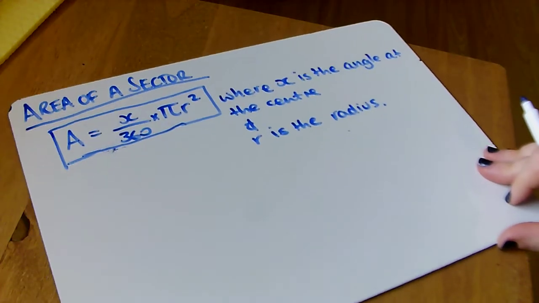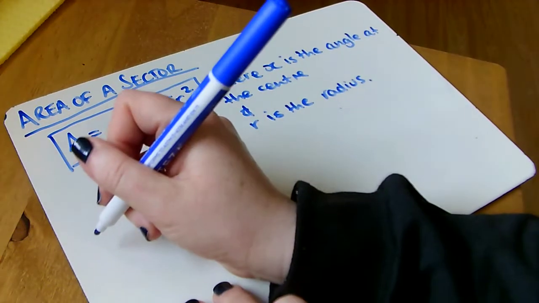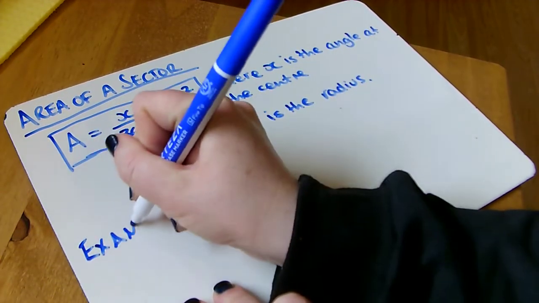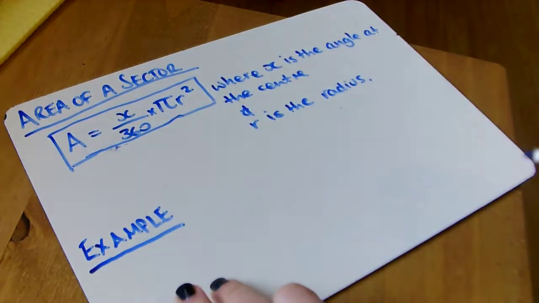So it might be a good idea for you to pause the video just now so that you can copy that down in your notes jotter, and then we'll have a wee look at example 1. Okay, so hopefully you've had a chance to copy that down, and we'll look at this example.